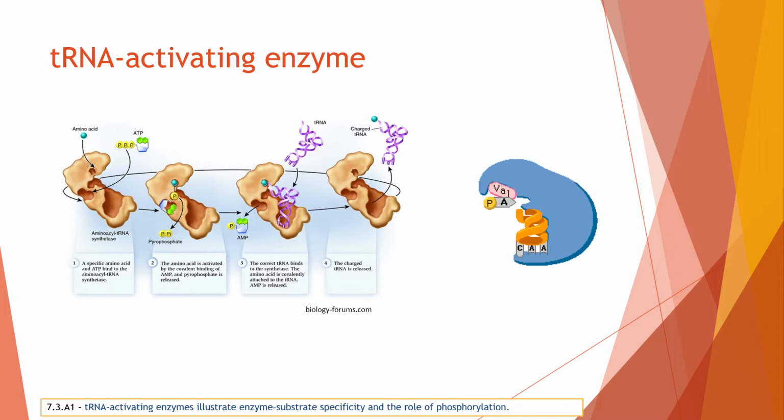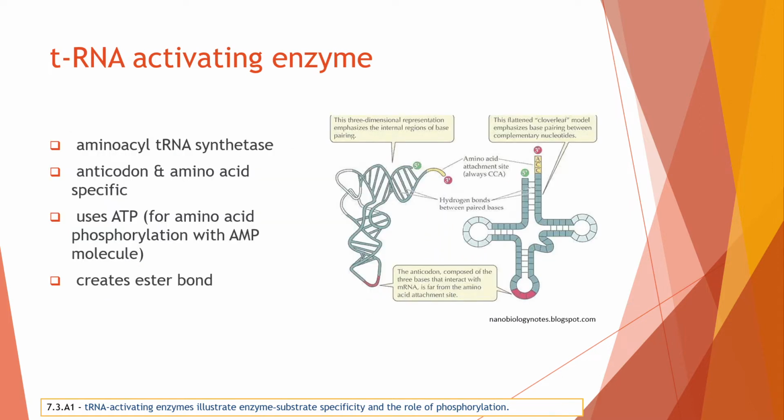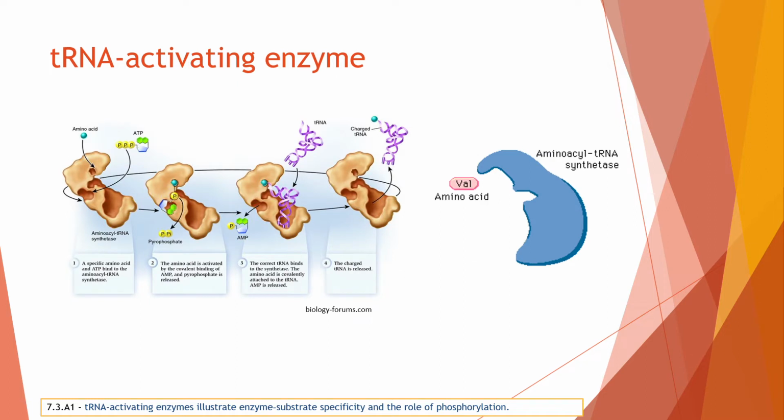I will go back here to the animation once more to let you look at the whole process happening on the right panel step by step. Please try to focus and look. First, the amino acid arrives at the active site and binds.